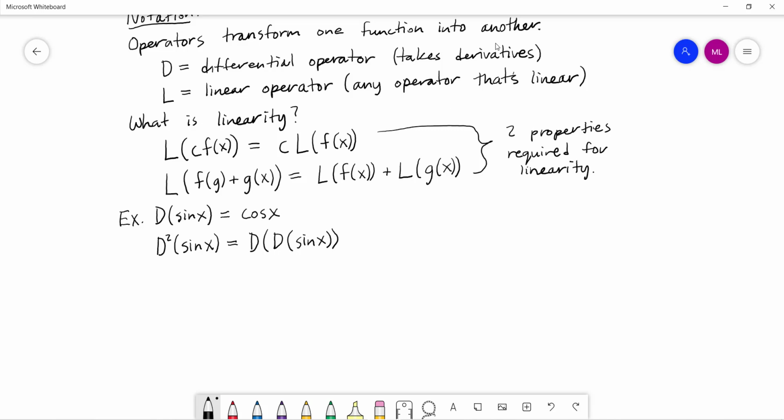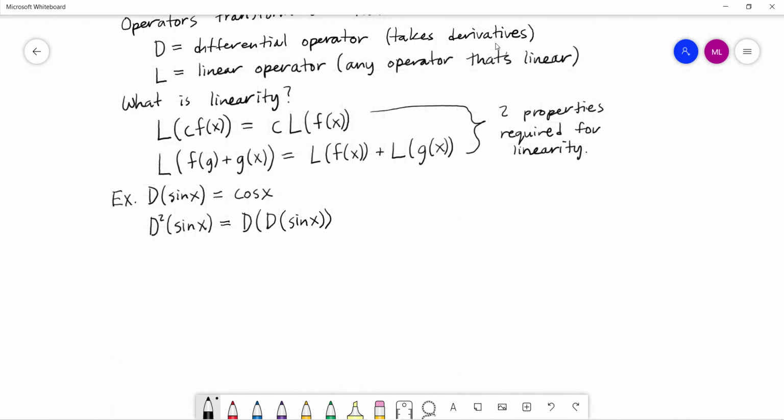So D squared is our second derivative operator. It's the equivalent of doing d squared dx squared of sine of x, which would give us negative sine of x, right? It gives us the second derivative. And in general, D to the n will be the operator that does the nth derivative.